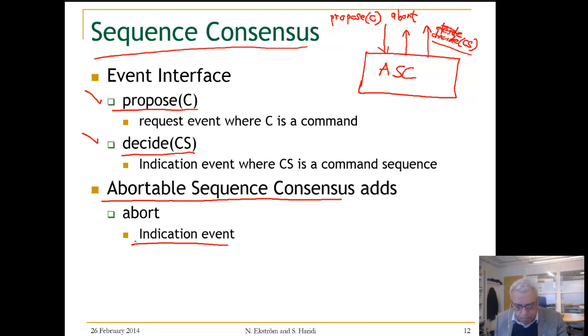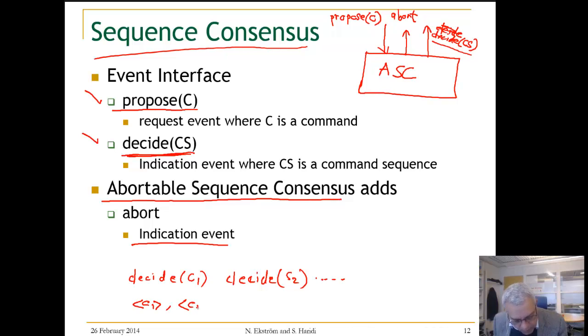Later we are going to consider another specification, where the output event will not be a sequence of commands, but one command at a time. So we are going to have something like decide C1, then later another output event decide C2, and so on, instead of first deciding on a sequence C1, and later deciding on sequence C1, C2.